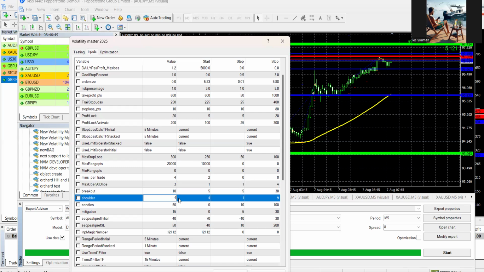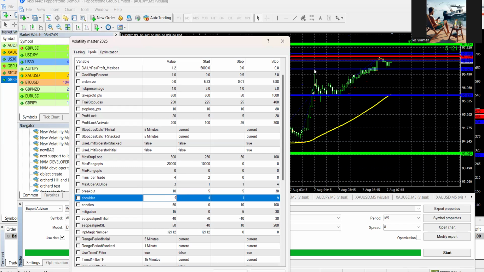Shoulder, I pretty much always have that on 4 anyway. I'll explain it to you just because the odd person may want to know, but you really don't need to understand this. This is just part of how the software calculates the range, or in particular, the peak.